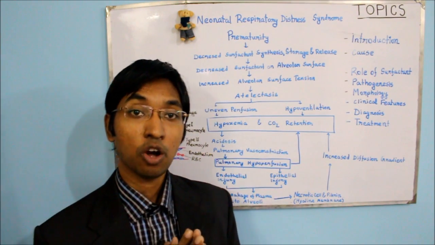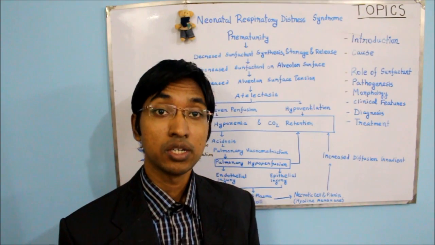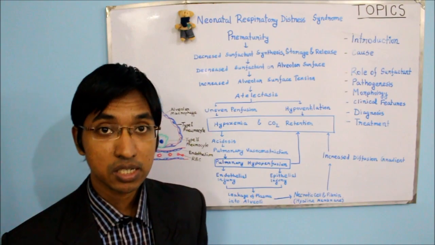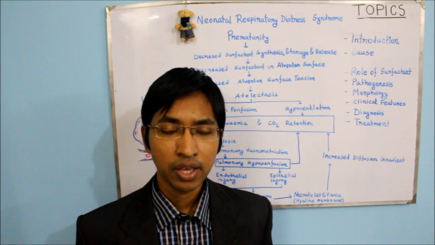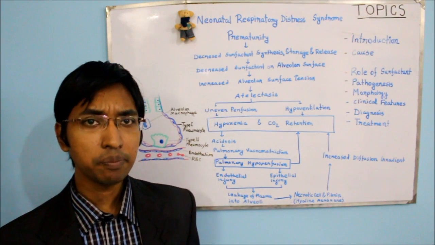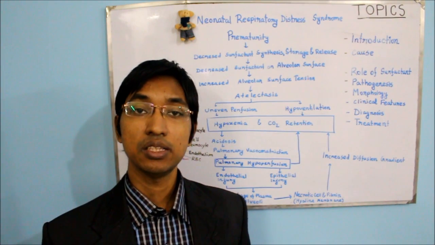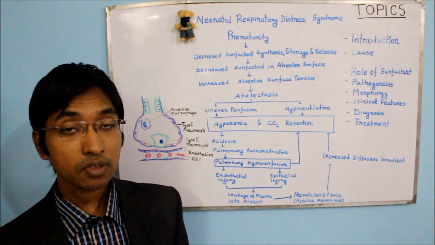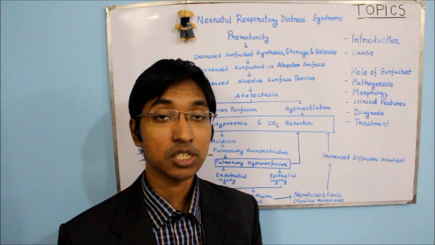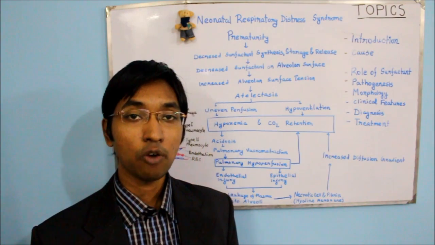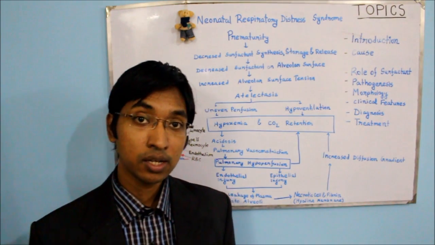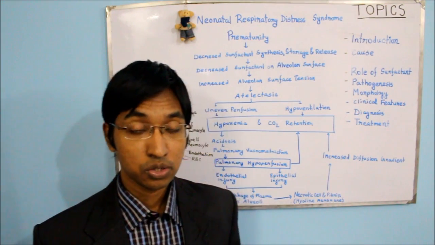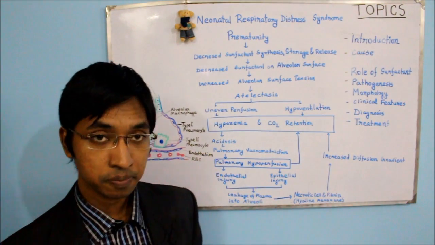So the beta cells of the pancreas of the fetus will synthesize insulin, and that insulin will be liberated into the fetal circulation, and that will result in hyperinsulinemia in the fetal circulation, and that will cause decreased synthesis of surfactant, and that's why maternal diabetes is a very strong risk factor associated with this disease.